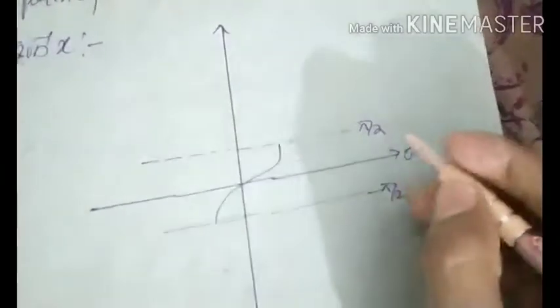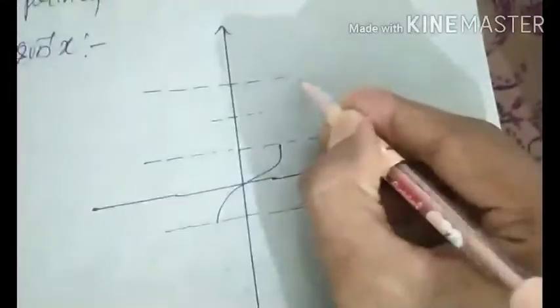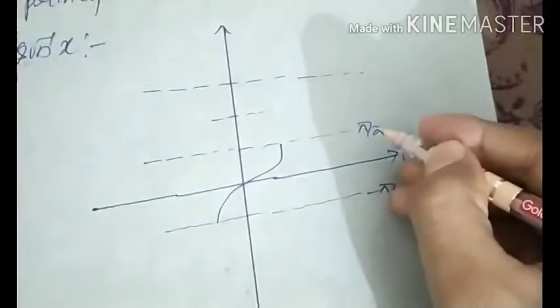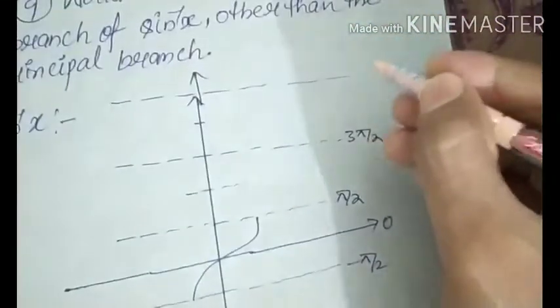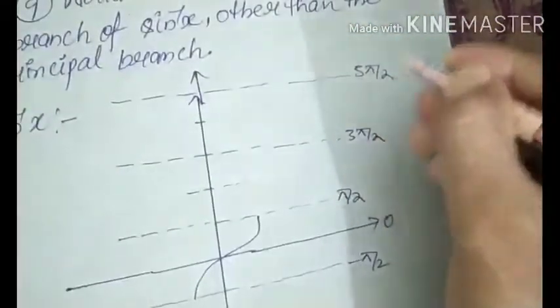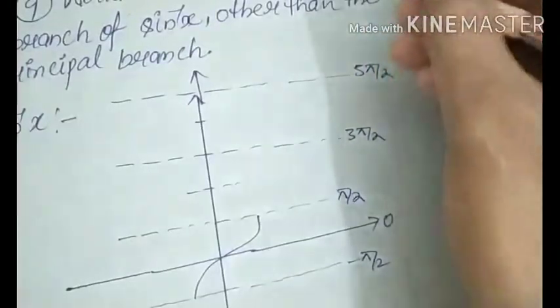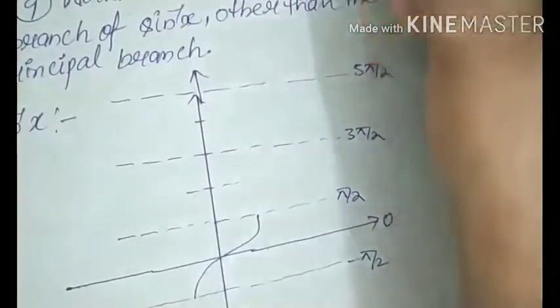Now the other branches will be here. This is pi by 2 and this is 3 pi by 2. Again this will be 5 pi by 2, again 7 pi by 2, again 9 pi by 2, and so on.